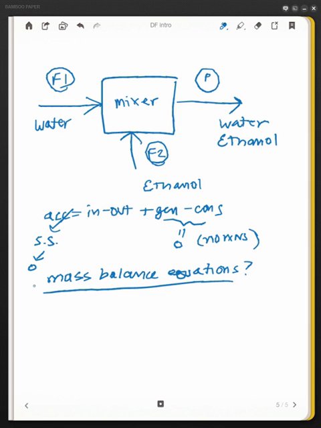Well, you can write one independent mass balance equation for each species. So we have 2 species: we have water, and we have ethanol, and I'm going to abbreviate ethanol ETOH. So it's in equals out.